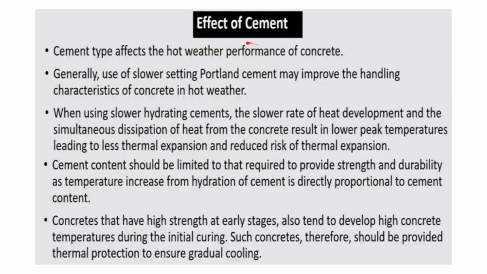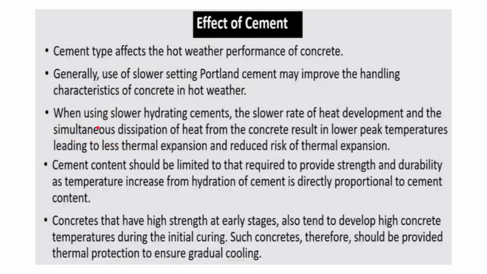Now let us see the effect of cement. Cement type affects the hot weather performance of concrete. Generally, use of slower setting Portland cement may improve the handling characteristics of concrete in hot weather. This is beneficial in hot weather, but not that beneficial in cold weather.